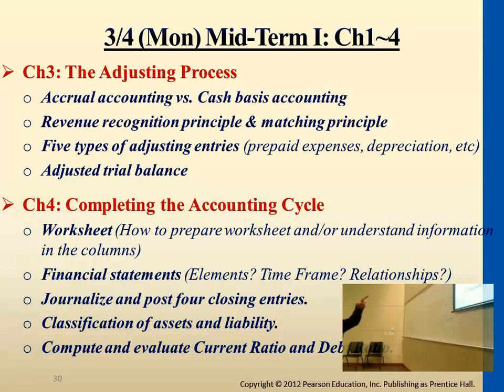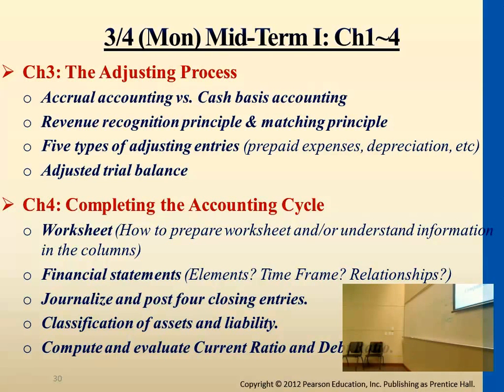Rule of thumb for debt ratio: remember, we're trying to understand the relationship between total debt and total assets. If the debt ratio reaches more than 0.6, reaches 0.8, or even above that, then it's considered very risky. 0.8 is sort of the rule of thumb. Below 0.6 is considered fairly good.